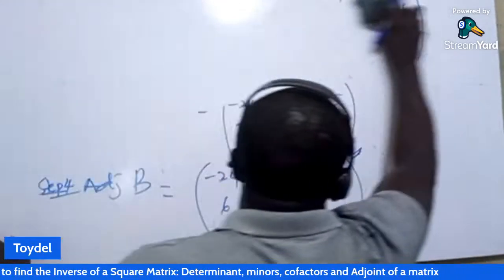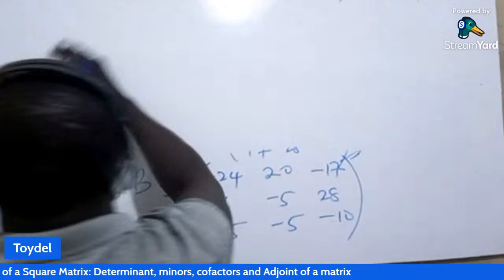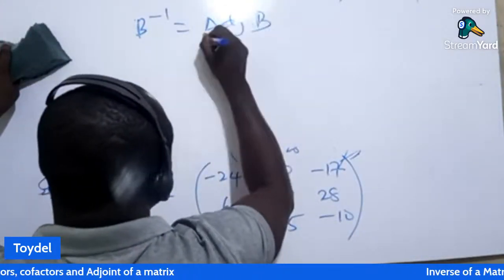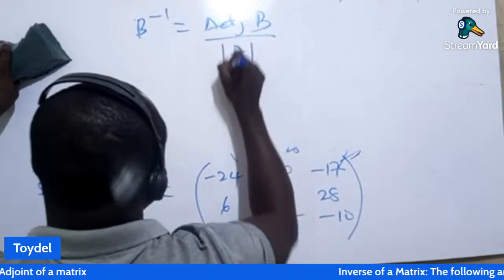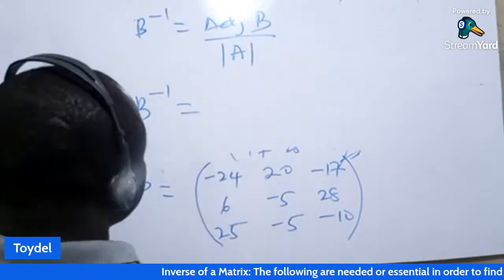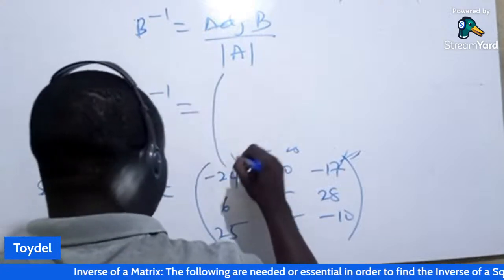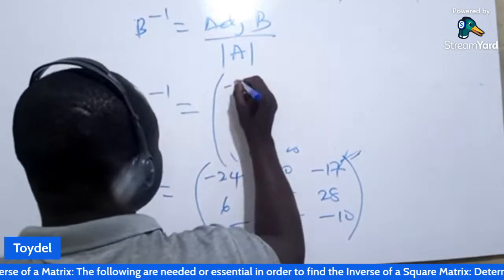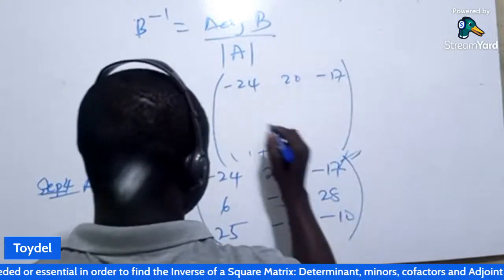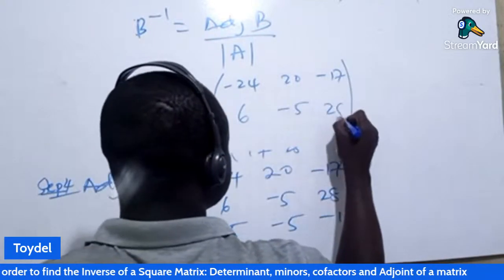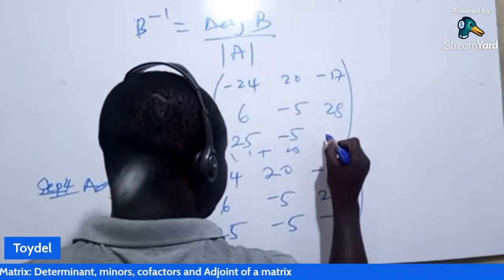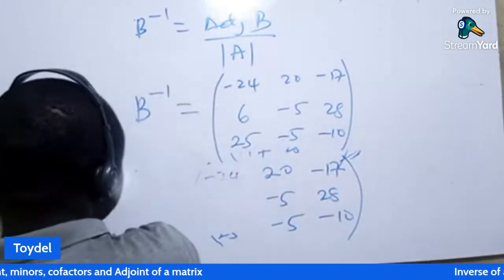So finally, the inverse of B, B inverse, is the adjoint of B all over the determinant of B. Let's write out the value of the adjoint: minus 24, 20, minus 17, 6, minus 5, 28, then 25, minus 5, minus 10.